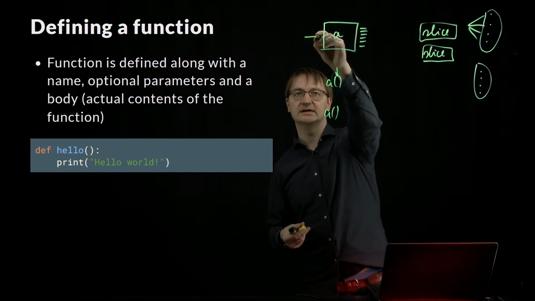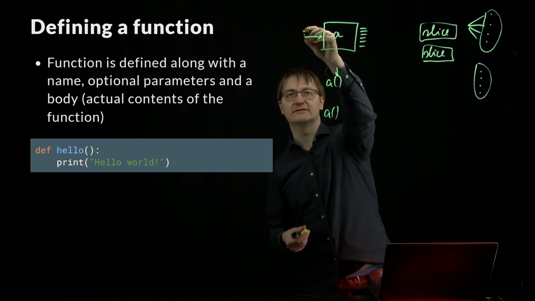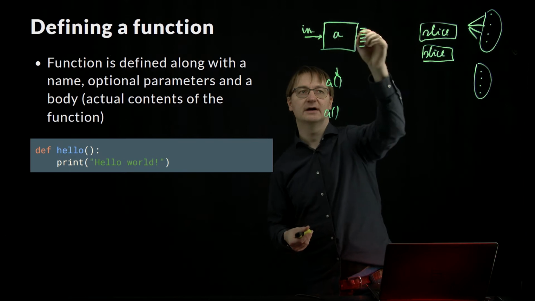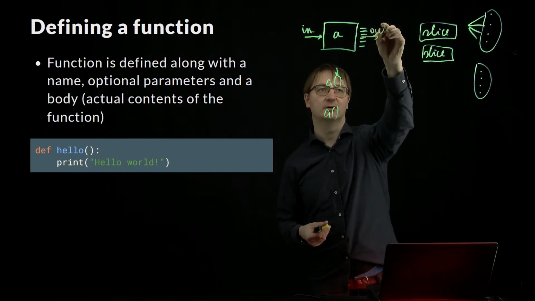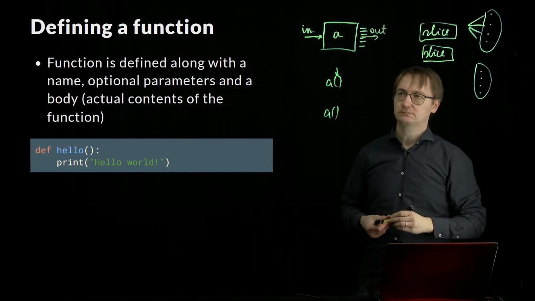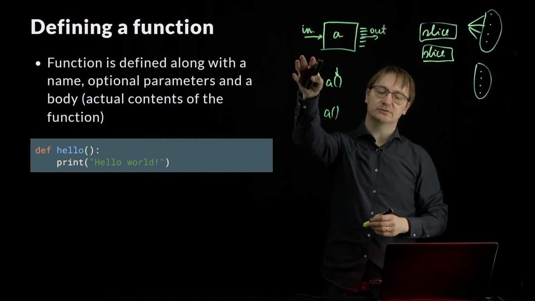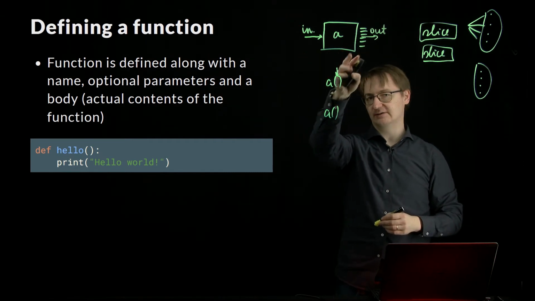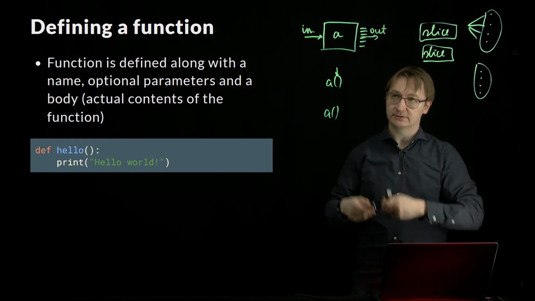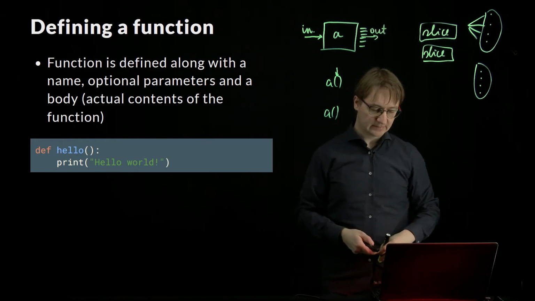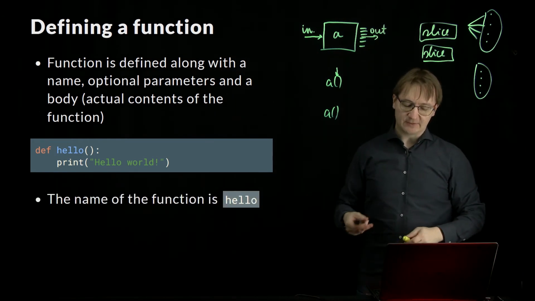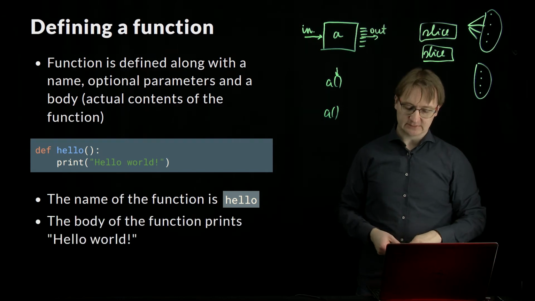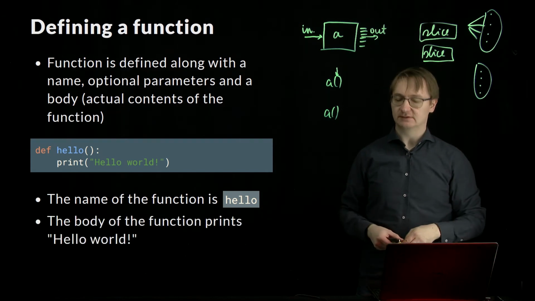But usually functions have some input, and we usually have some output. In this example, we don't have any input, and actually here we don't have any real output either, but we will get there. The name of the function is hello, and the body of the function prints hello world.